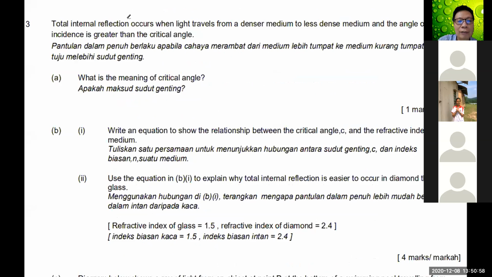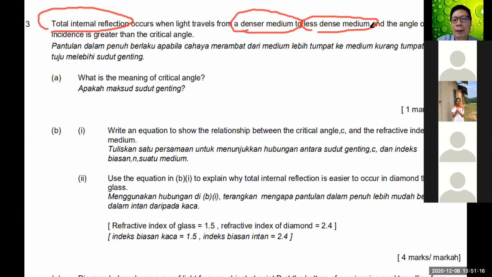Total internal reflection occurs when the light travels from denser medium to less dense medium, and the angle of incidence must be bigger than the critical angle. Remember the statement.